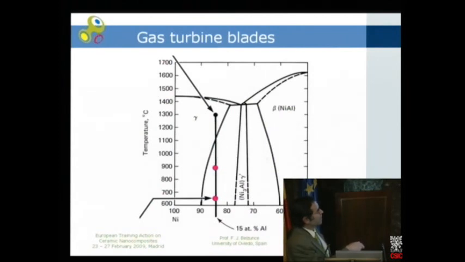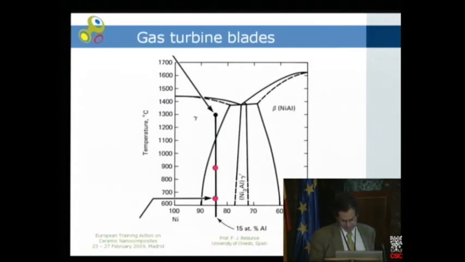In this case, we have only one phase, the gamma phase, the phase rich in nickel. We can quench this material in order to have this gamma phase at low temperature, but in a metastable structure, and then we can make an aging treatment between 700 and 900 degrees in order to precipitate nickel-3 aluminium, the gamma prime phase, which is the most important.